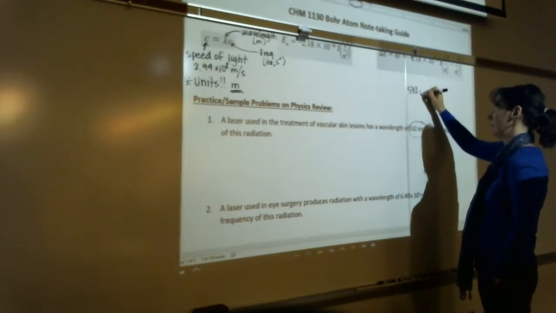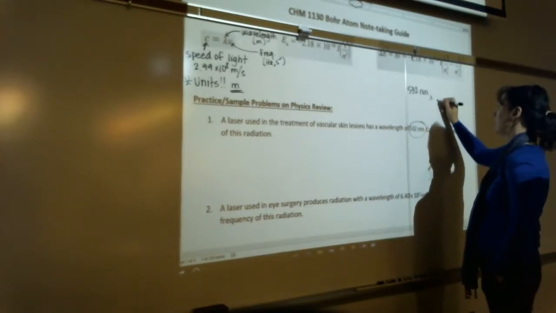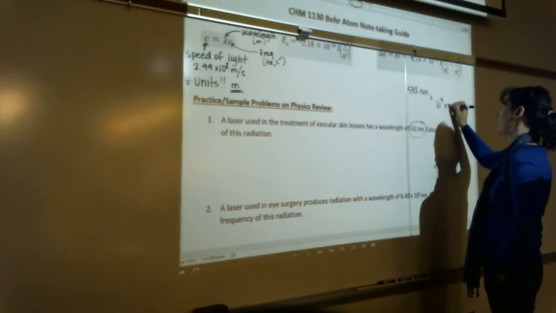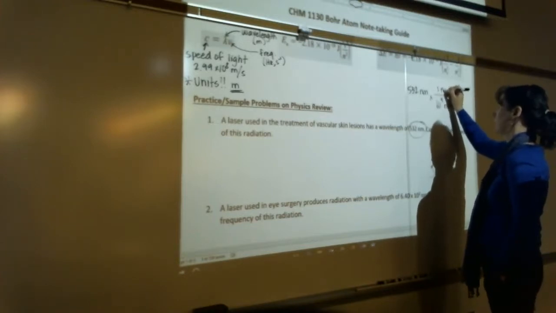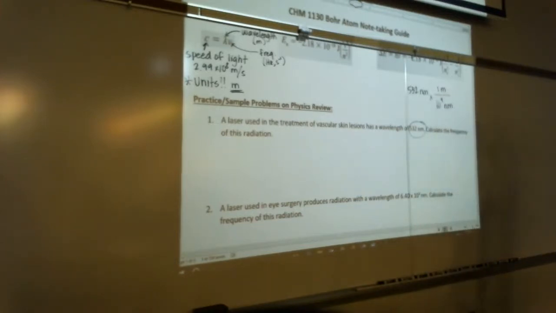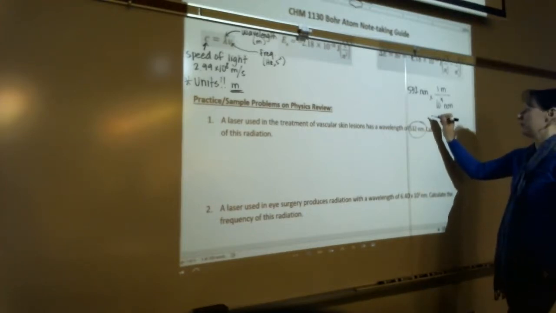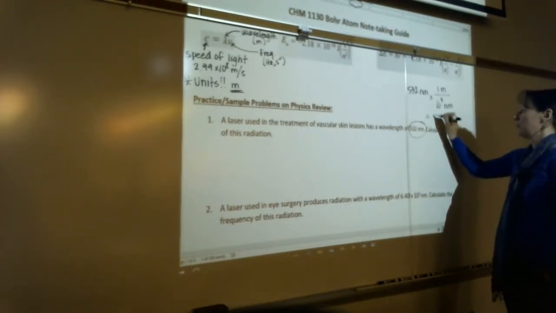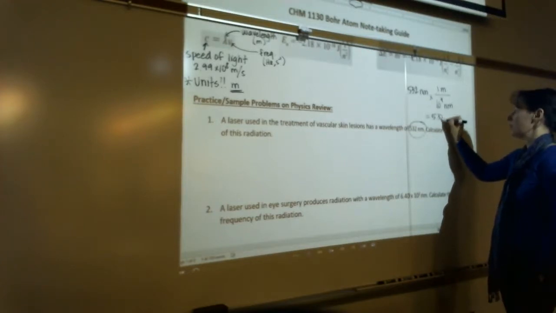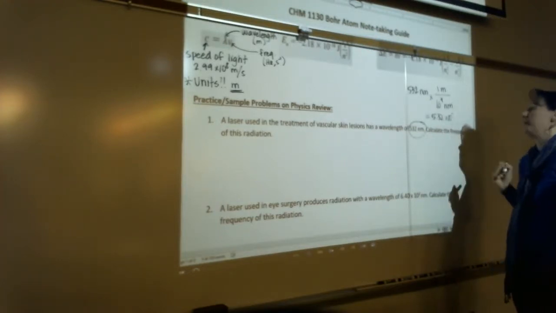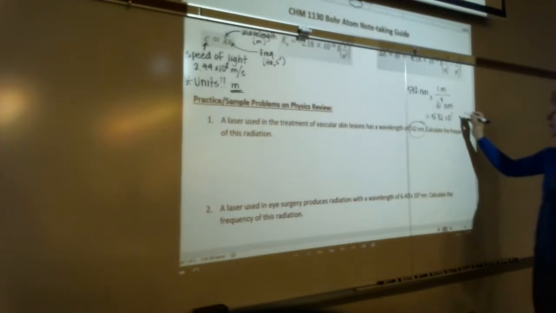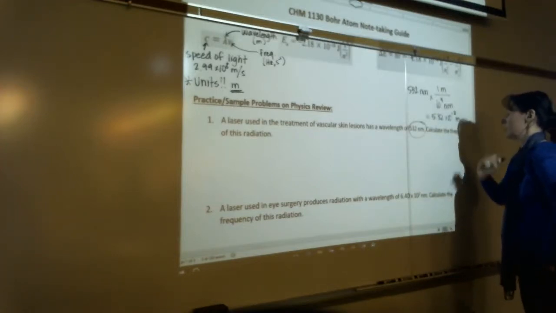10 to the 9th nanometers per 1 meter. 10 to the 9th, okay? You need to know that conversion. So how many meters would this be? 5.32 times 10 to the negative what? 8. 8 meters.